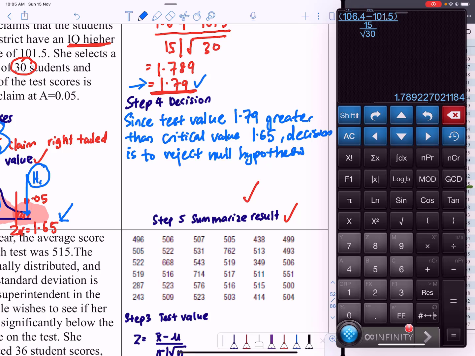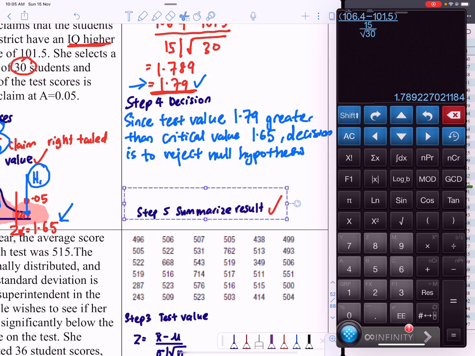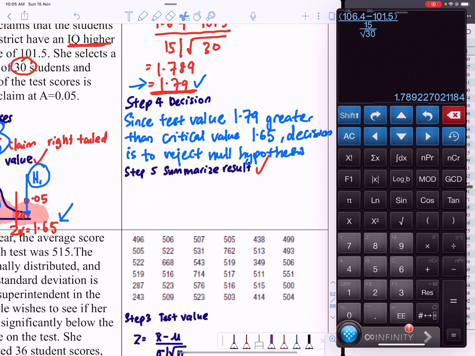Okay, the decision is to reject the null hypothesis. That's our decision, because it falls beyond the critical value, higher than 1.65.